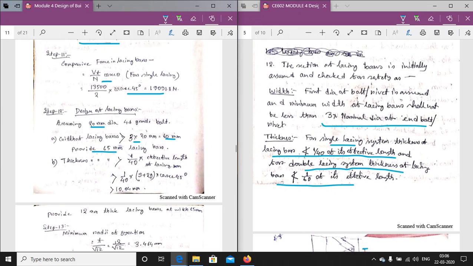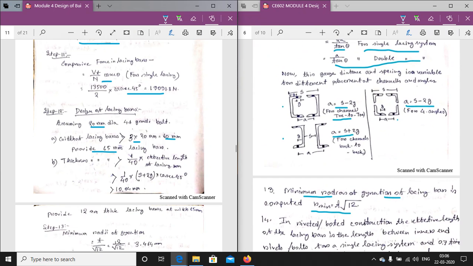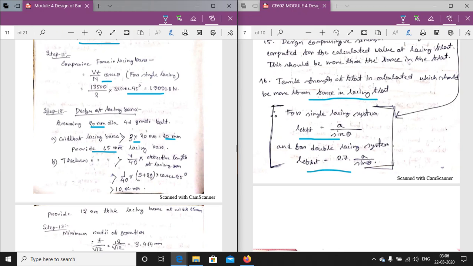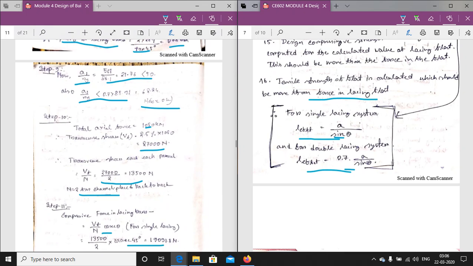Now the thickness of the lacing bar should not be less than 1/40 of its effective length, and for a double lacing system 1/60 of its effective length. Now we have to calculate the effective length. What is the formula for calculation of the effective length? For a single lacing system, the effective length is A by sin theta, and for double lacing 0.7 A by sin theta. So A by sin theta: what is the value of A that we have calculated?